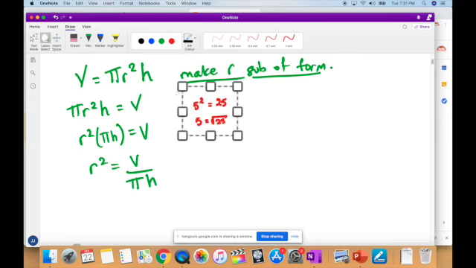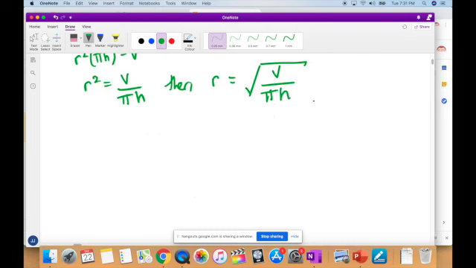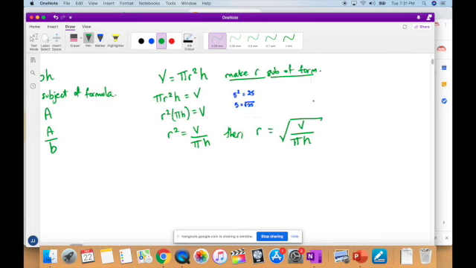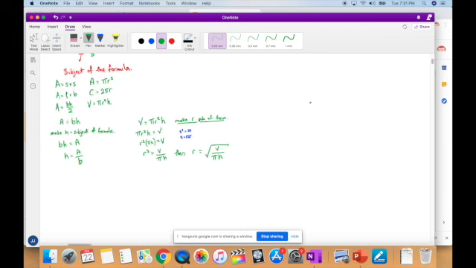So this here is your little example. Therefore, if R squared is equal to all of this blah blah blah, then R is just going to be equal to the square root of all of that blah blah blah. Caitlin, you understand that? Yeah. I tell you, this one was a little bit tougher, but that's as tough as it will get to be.